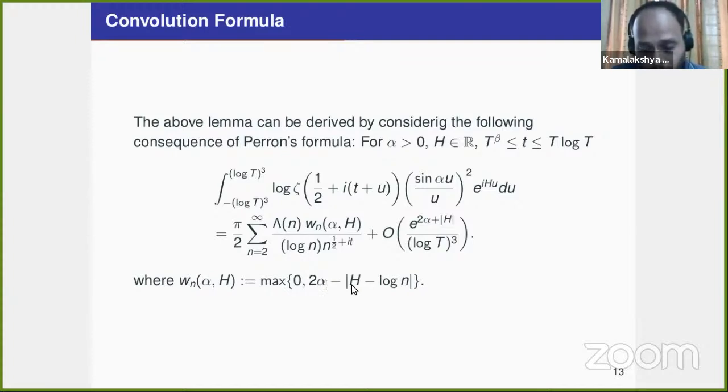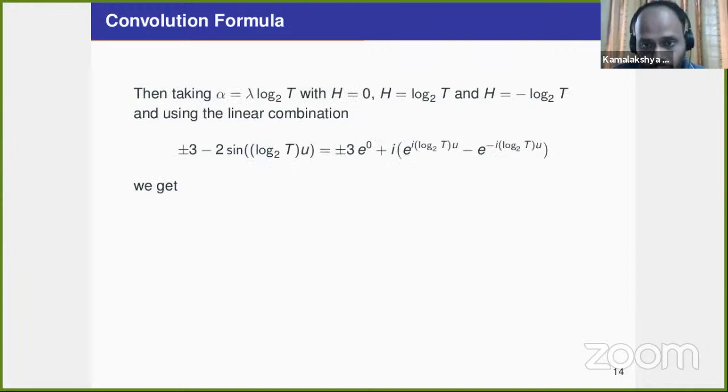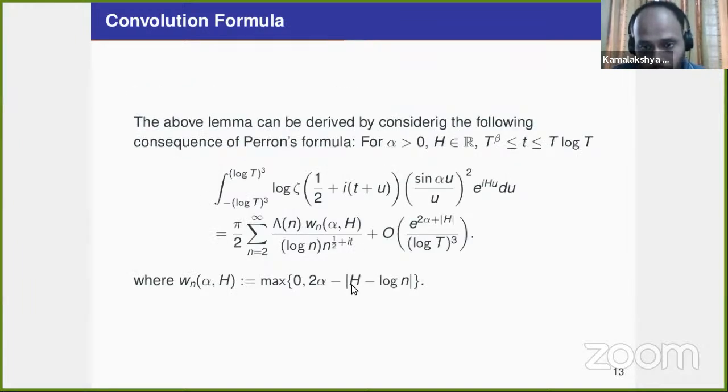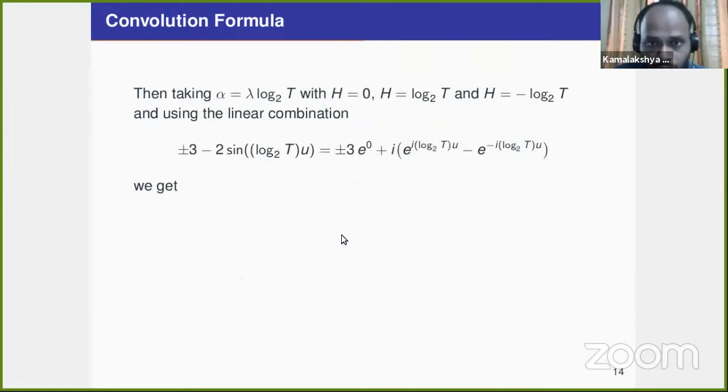If we have minus double log t, then log n and minus log t is larger than 2 lambda log t, because 2 lambda is less than 1. This will be dominant, but since we're taking the max of 0 and this term, it will always be 0. So this series on the right hand side will just cancel out. It will be completely 0 for the last choice of h, and the other 2 choices of h will survive.